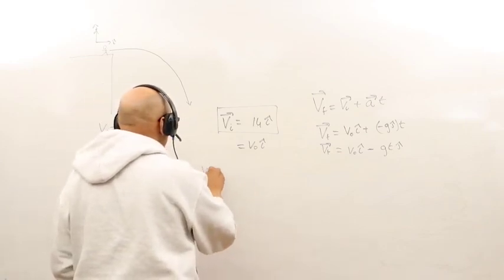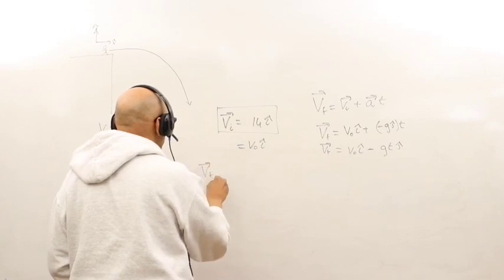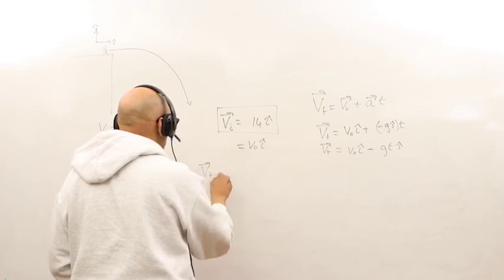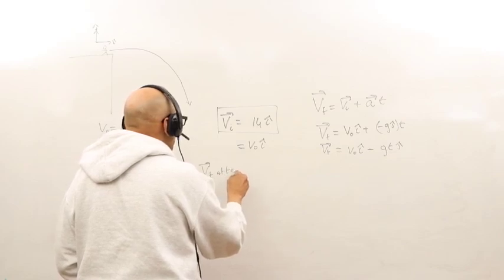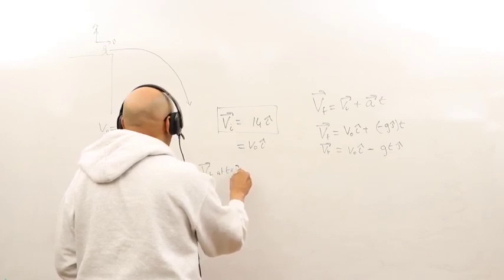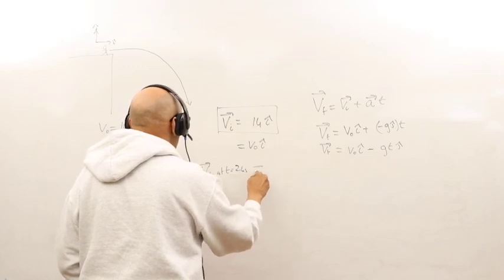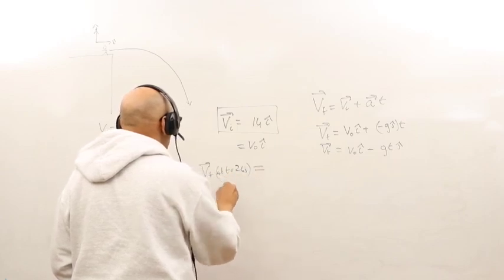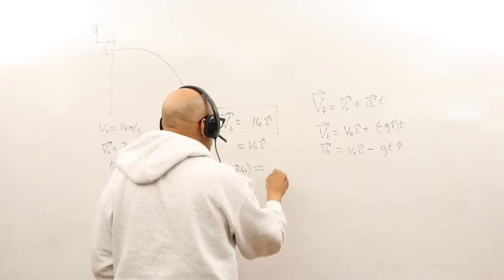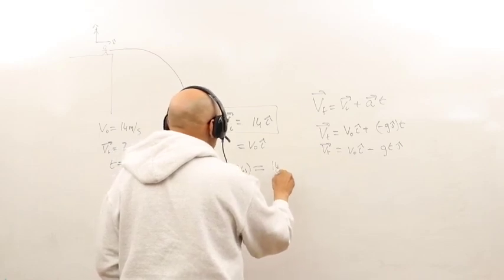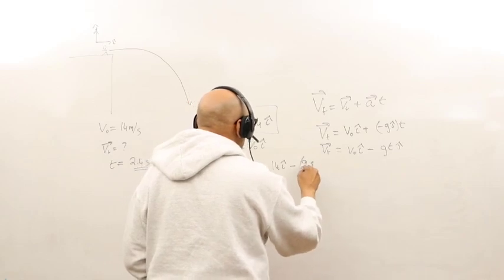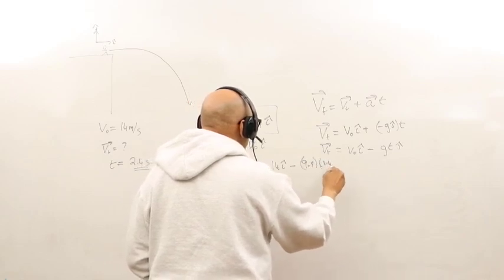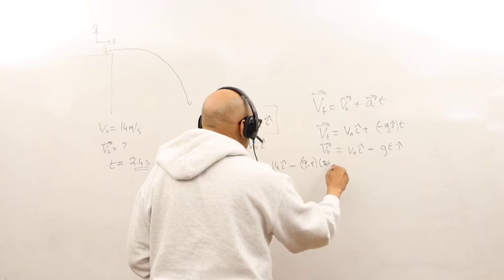So V final at t equals 2.4 seconds is equal to V0, which is 14 I hat minus 9.8 times 2.4 seconds times j hat.